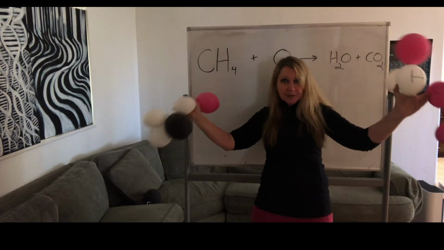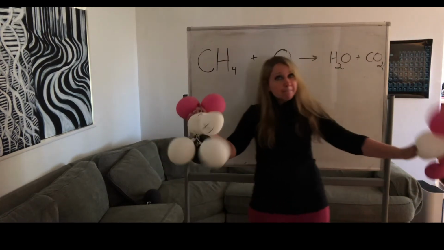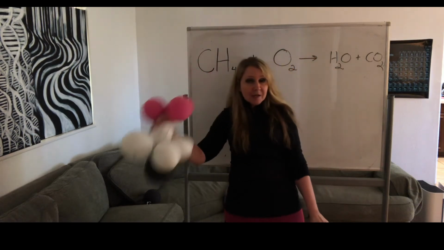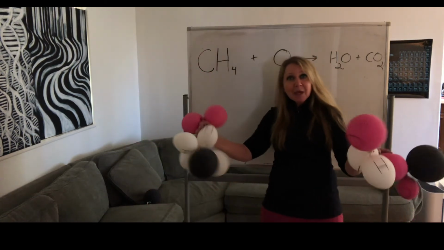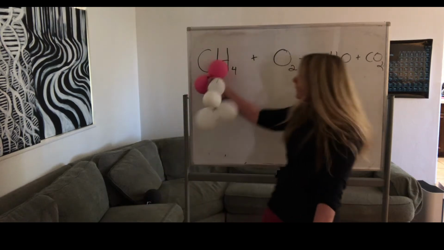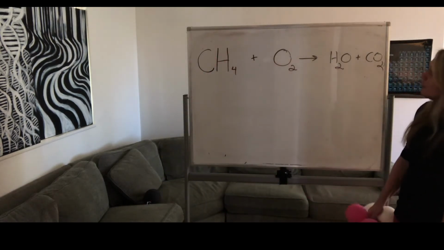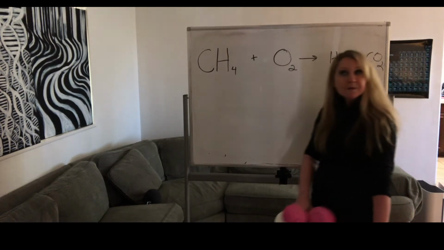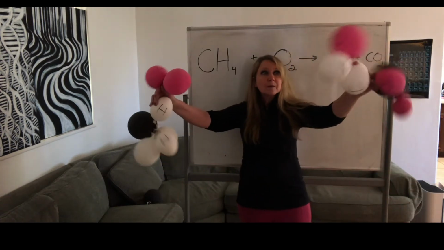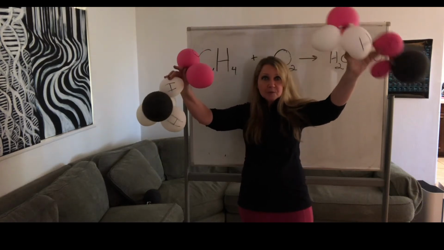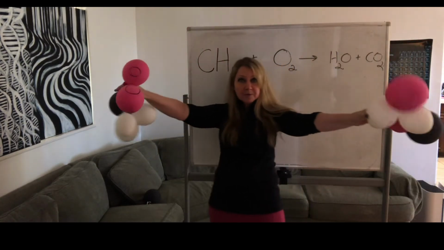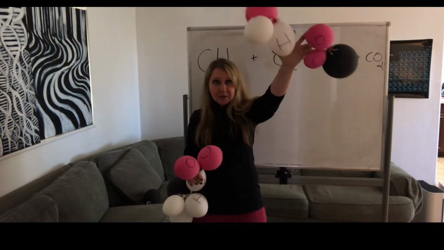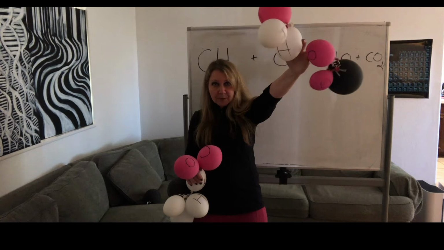Find out if it's balanced or not. If it's not balanced and you need to balance it, you're going to look at the side that has the highest number of atoms and pick the atom that has the highest number. Right here, we're looking at hydrogen. It's 4 over here, and we only have 2 on this side. We can see the white balloons are hydrogen. We've got 2 here, we have 4 here. This is not balanced. So what do we need to do to this side to make 4 hydrogen atoms?